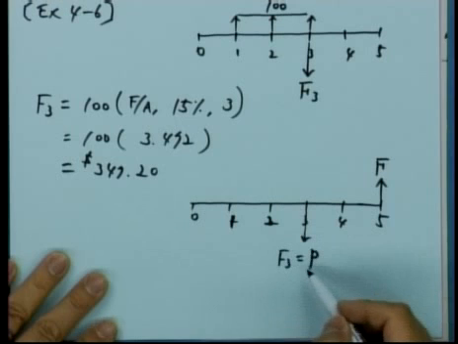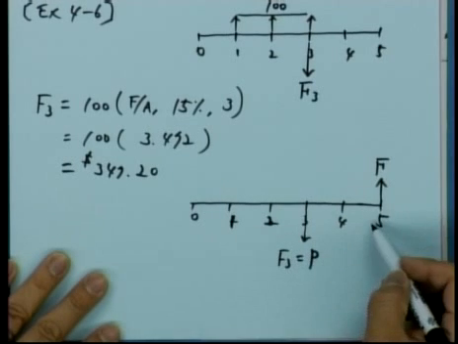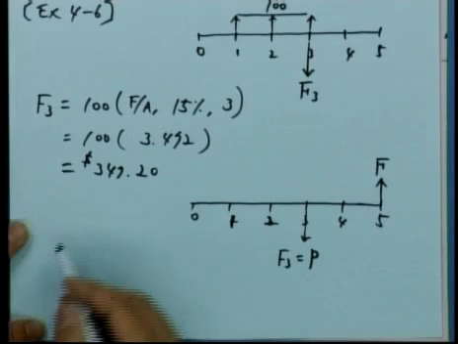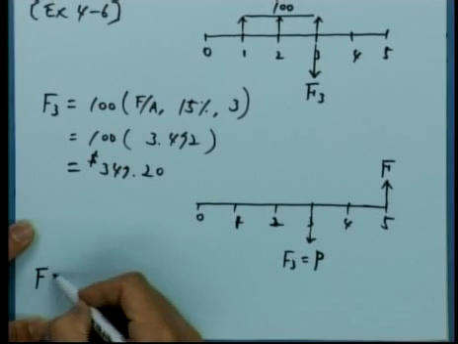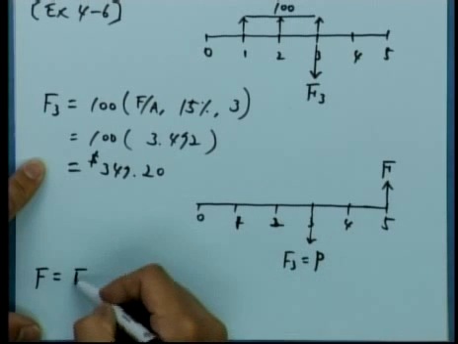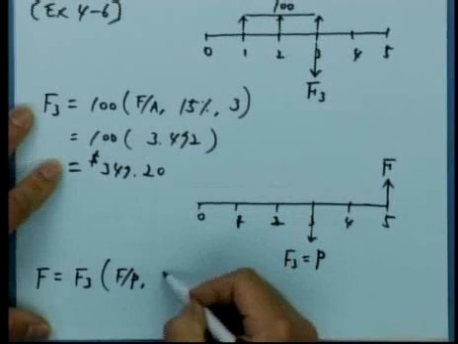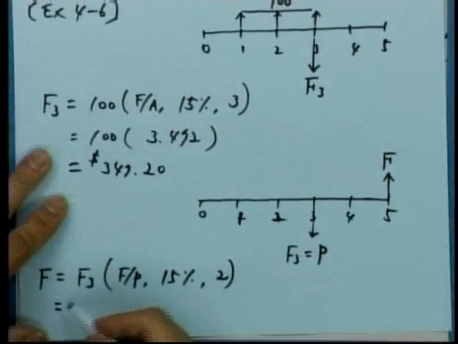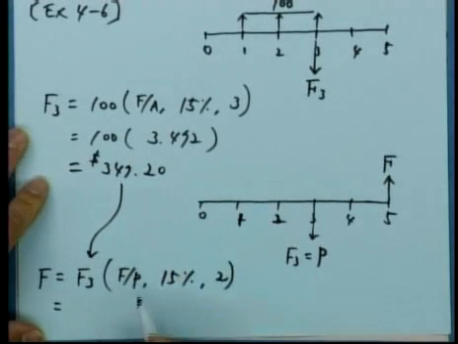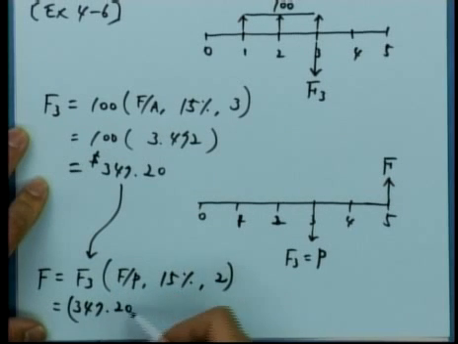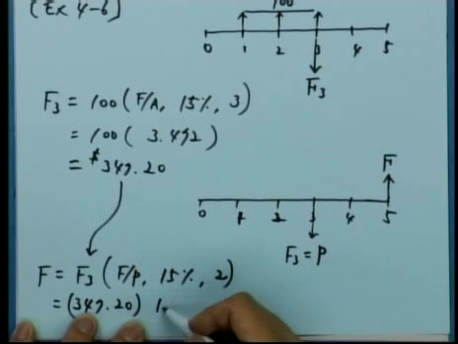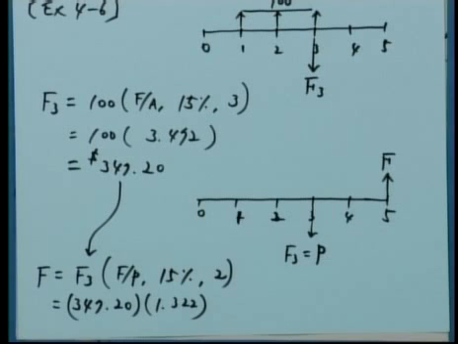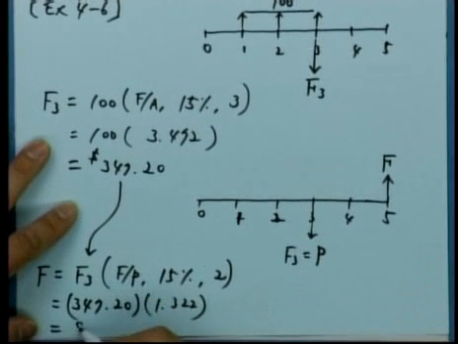So this F3 can be converted to an equivalent future value of F. So here F would be F3 times F given P, and 15% over next 2 periods, next 2 years, right? Here F3 is from previous calculation, which is $347.20, and this factor value is 1.322. So as a result, we're going to have $459.20.